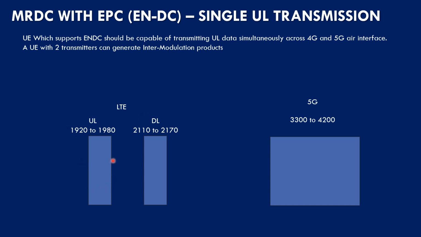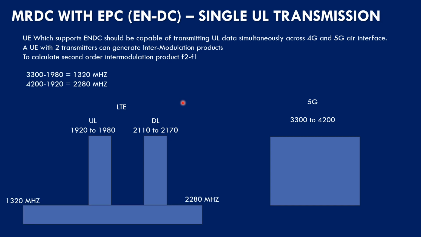So this is LTE, these frequencies 1920 to 1980, and here this band is 2110 to 2170, and likewise for 5G. Now let us try to calculate the intermodulation product for this. How can we do it? Let us do it by taking F2 minus F1. If we subtract 1980 from 3300, it gives us 1320 megahertz.